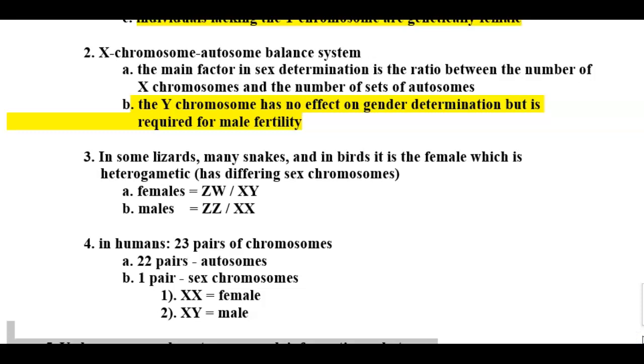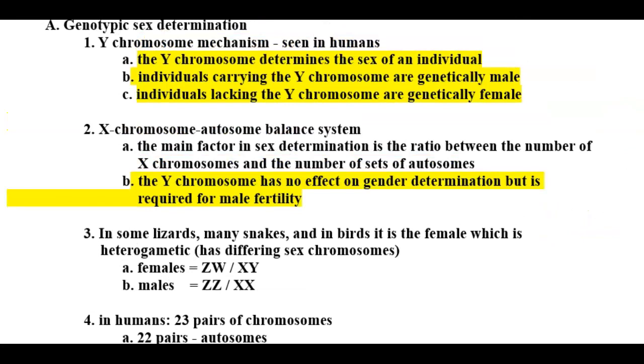Some lizards, many snakes, and in birds, it is the female which is heterogametic, has differing sex chromosomes. So let's go back up to the Y. Up here, Y chromosome is the male that determines the gender of the offspring.